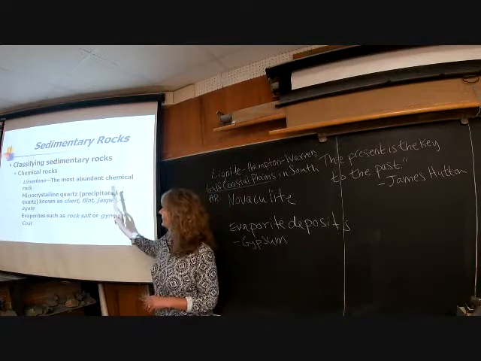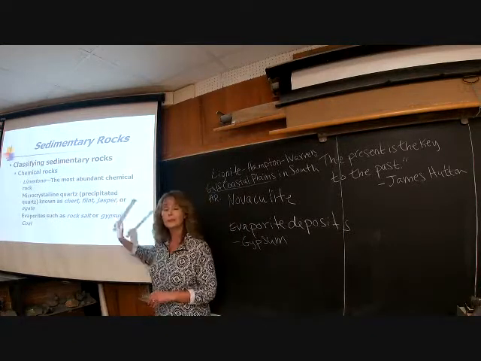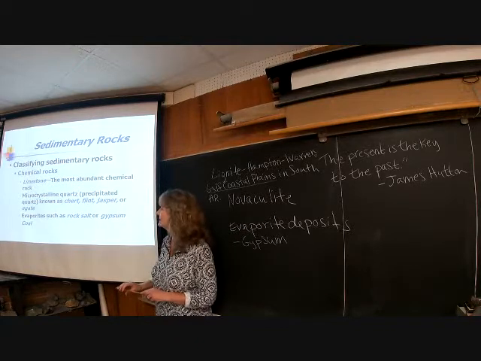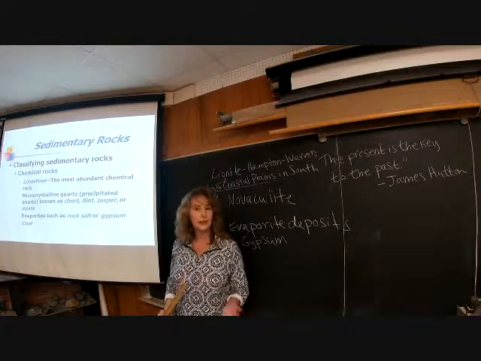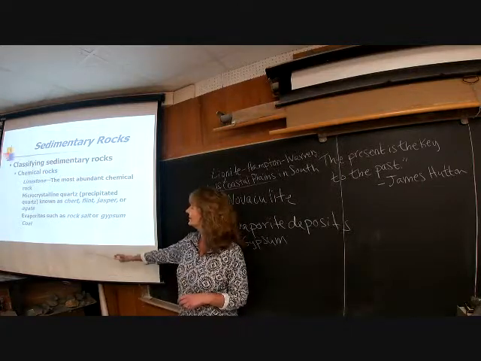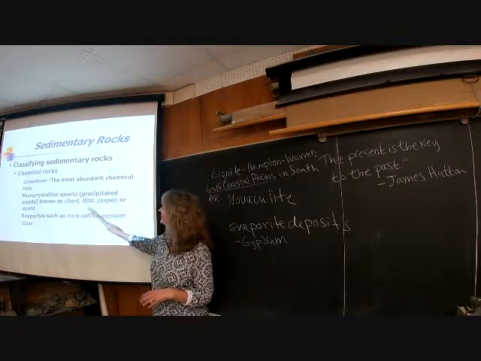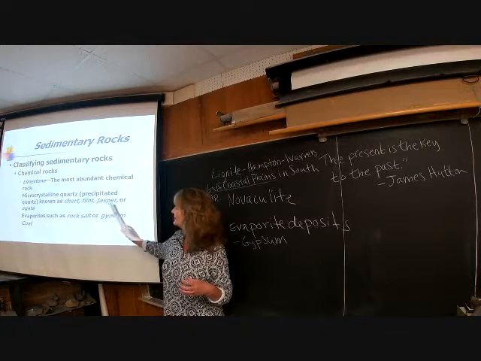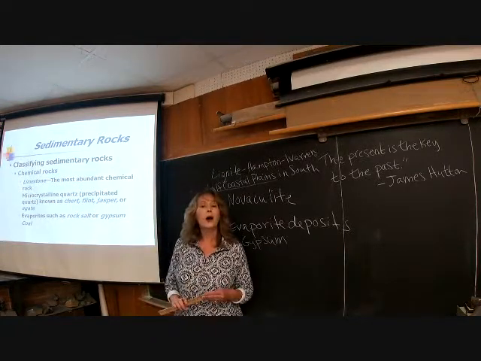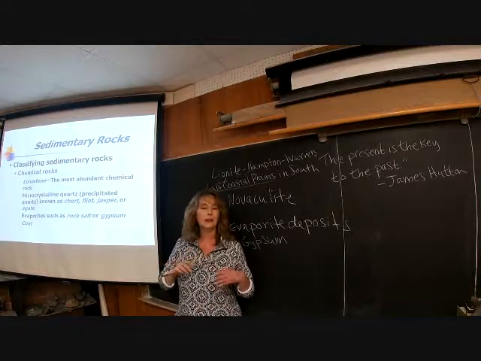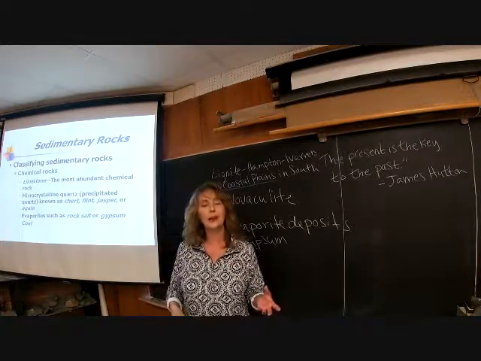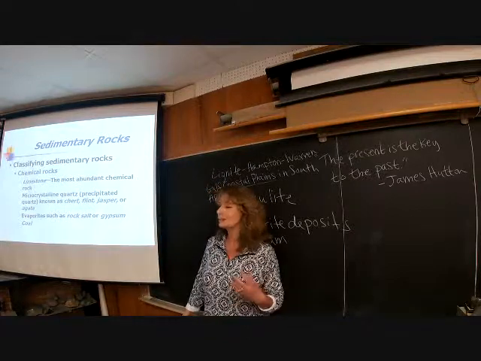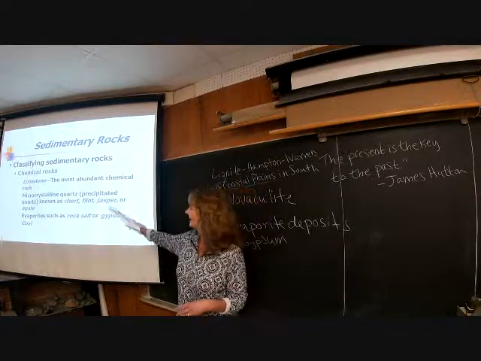So chemical rocks here, limestone, which is the most abundant chemical rock, lots of that. Microcrystalline quartz, precipitating out of the silicon dioxide or the quartz, so we got the chert, the flint. I didn't show you a piece of jasper or the agate. The agate could be banded and have a beautiful variety of colors. I think we showed you some of that in the mineral unit when I was showing some of the quartzy things.